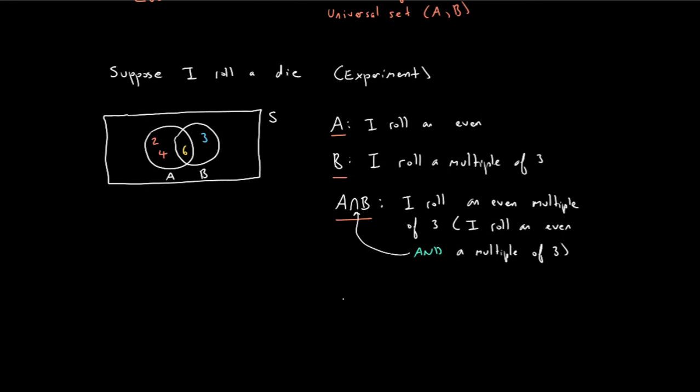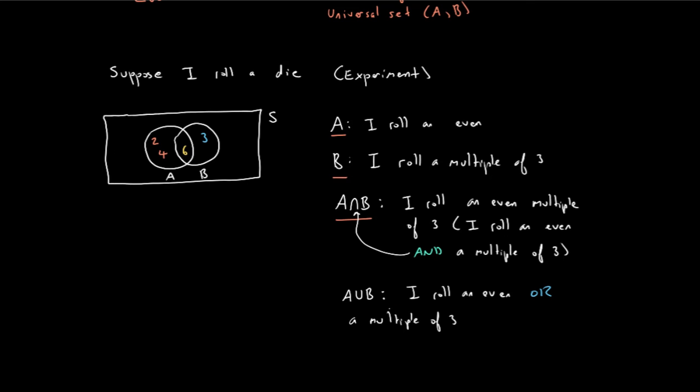And now I'm going to say A union B. Well, A union B is I roll an even or a multiple of 3. So I can roll an even or a multiple of 3.